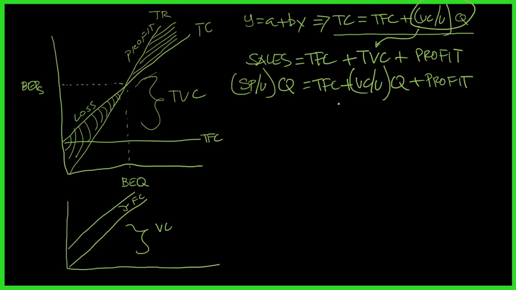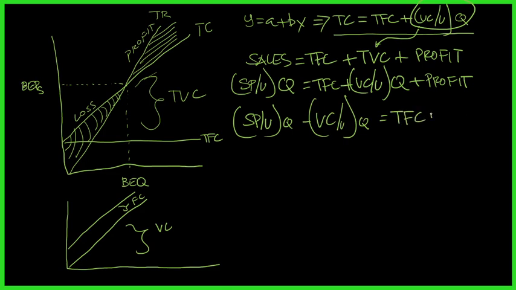Okay, pero sige, dito muna tayo. You can simplify this further by combining this, variable cost per unit times quantity, and this one, selling price per unit times quantity, and then lipat natin sa kabila, minus variable cost per unit times your quantity, is equal now to your total fixed cost plus your profit.